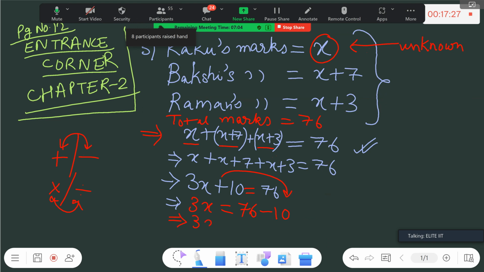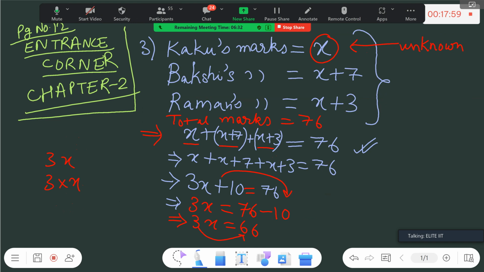So what does it mean? It means 3x equal to, what is 76 minus 10? 66. Now see, what is the meaning of 3x? 3x actually means 3 into x. Whenever we write 3x, it actually means 3 into x. So now we have to take 3 to the right hand side.